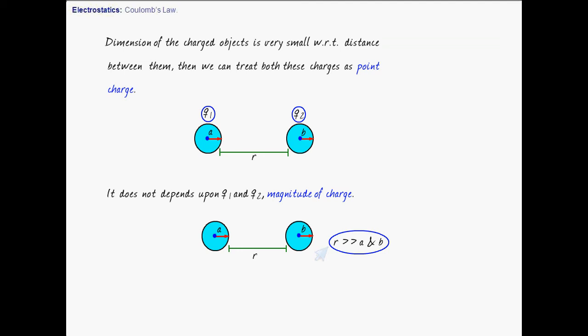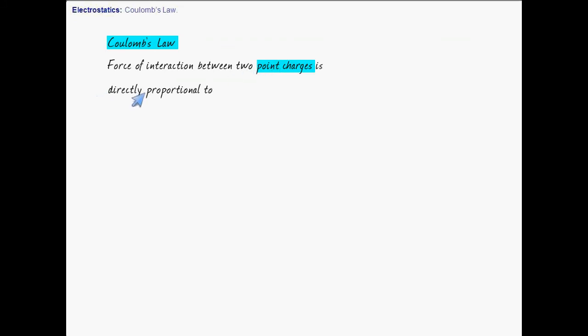Coulomb's law says that the force of interaction between two point charges is directly proportional to the product of the magnitude of the two charges and inversely proportional to the square of the distance between them.